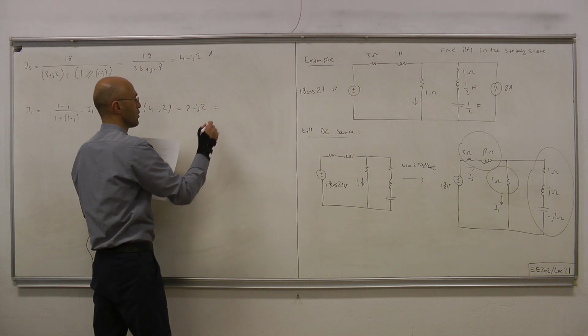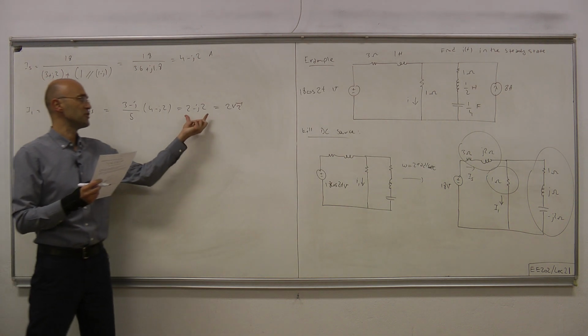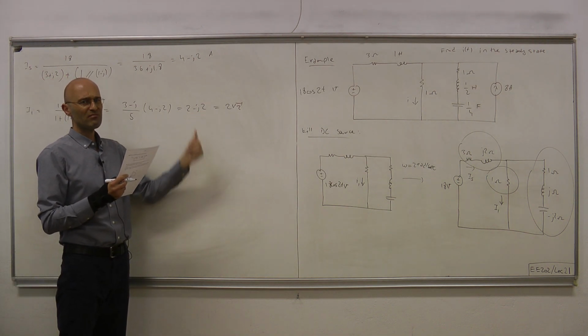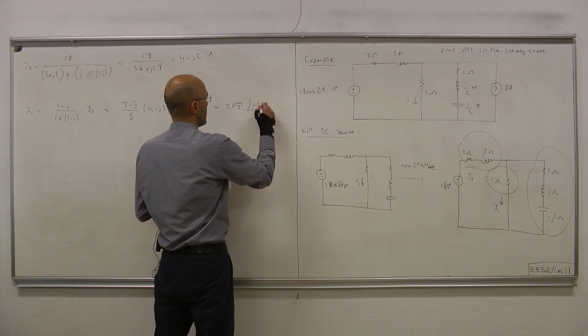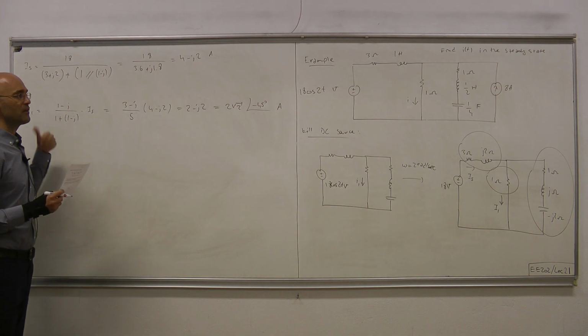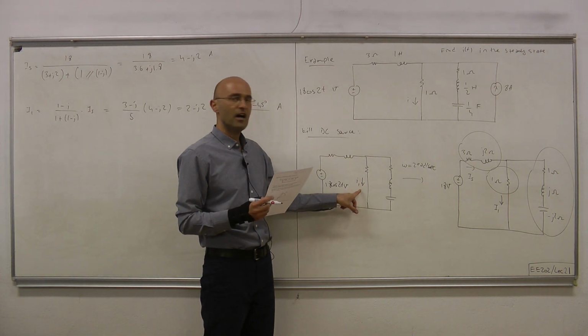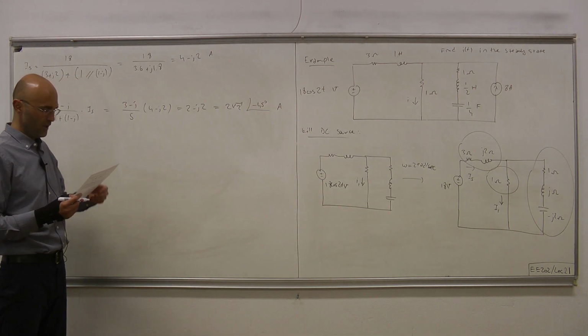In polar coordinates, that's 2 square root of 2, which is the magnitude, and the phase is minus 45 degrees amps. So that's the phasor I1, from which we can easily obtain I1 of t, because we know the frequency, which is 2 radians per second.